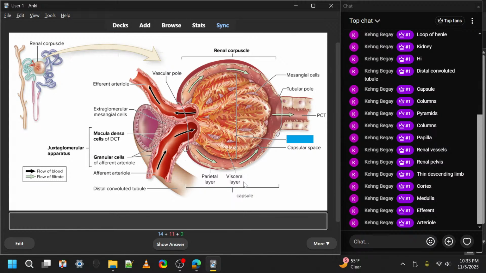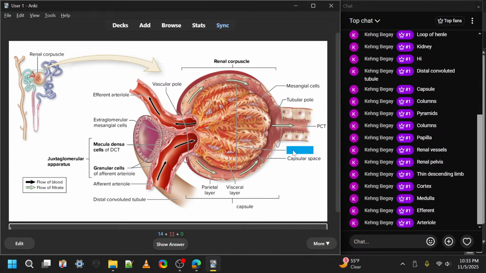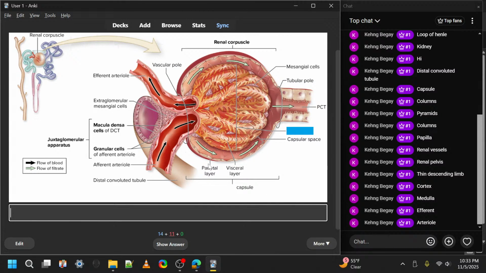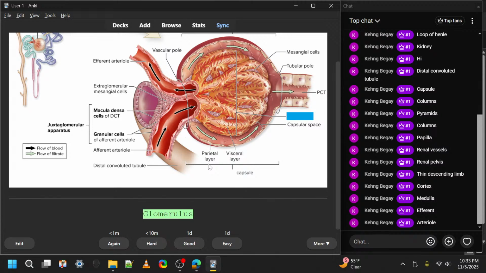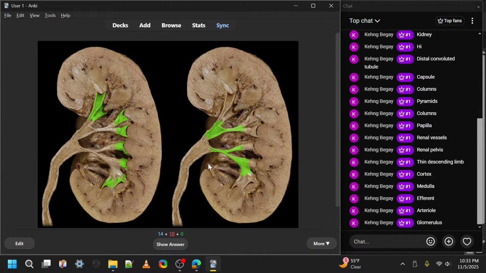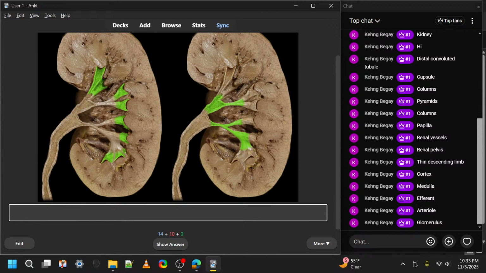Alright, what is this blue? What is it, King? I'll give you 5 seconds. Glomerulus. Just kidding. Yeah, you got that, King.